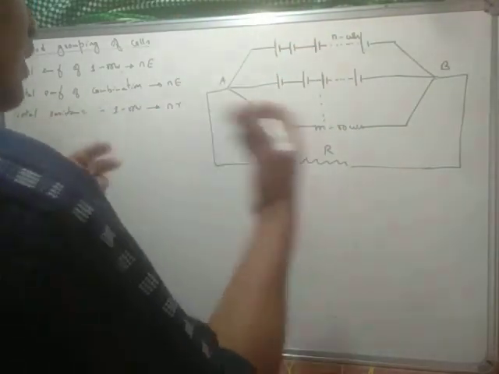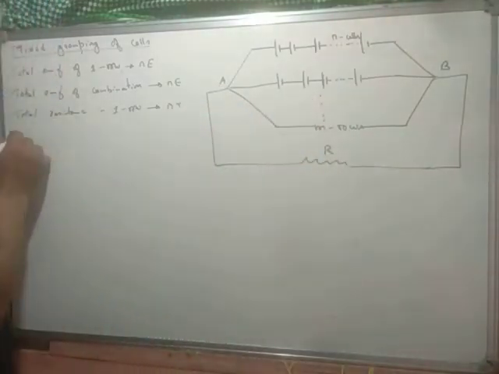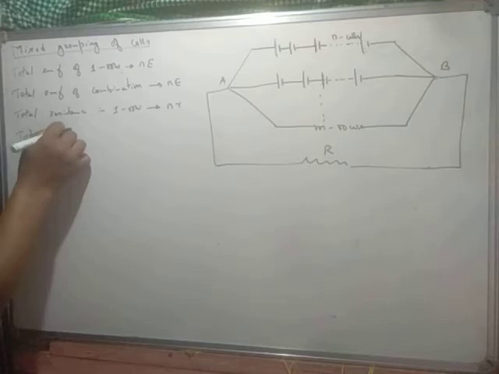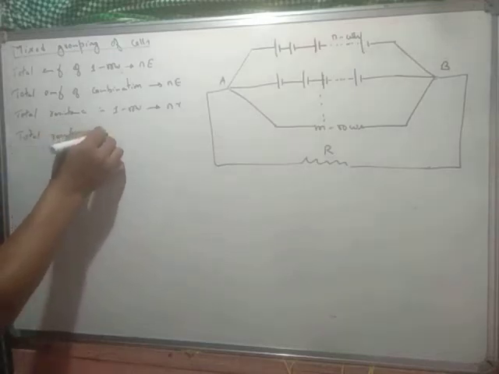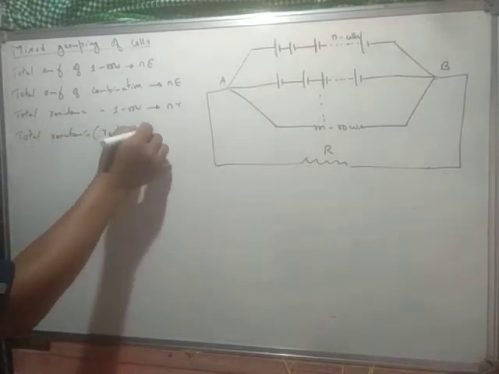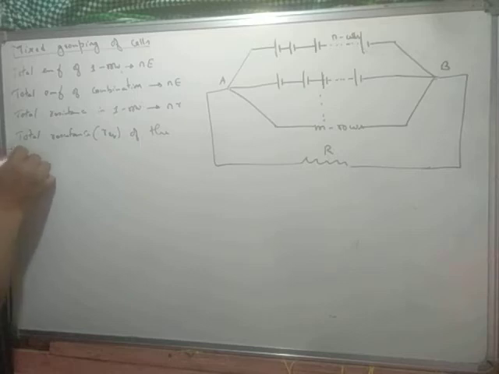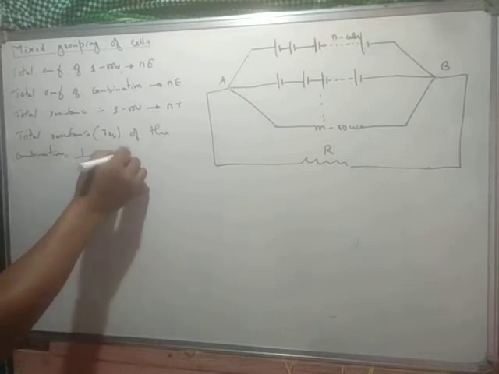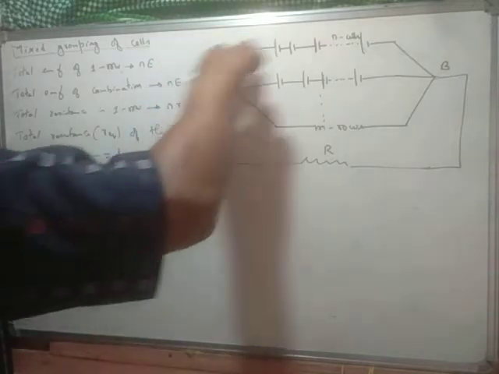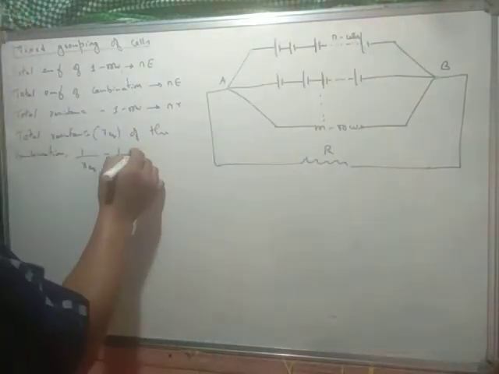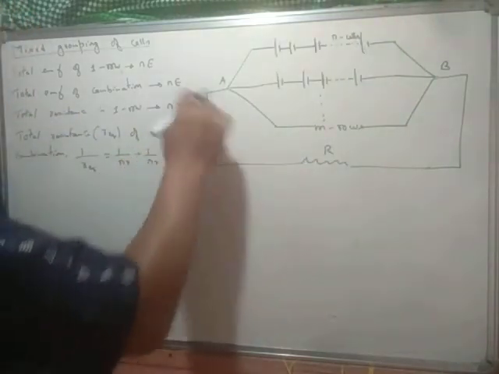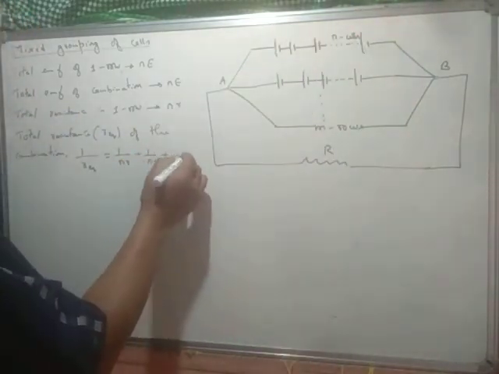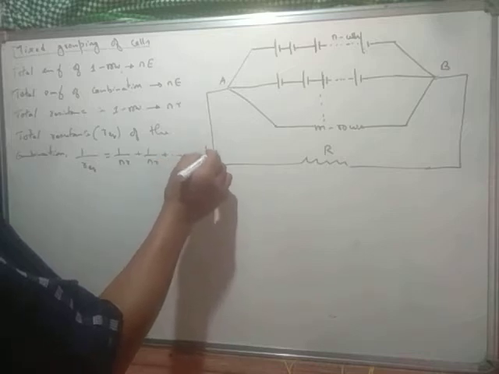So the total resistance of the combination, let me denote it by R equivalent, is given by 1 upon R equivalent equals 1 upon nr, the resistance in the first row, plus 1 upon nr, the resistance in the second row, and so on up to m times.